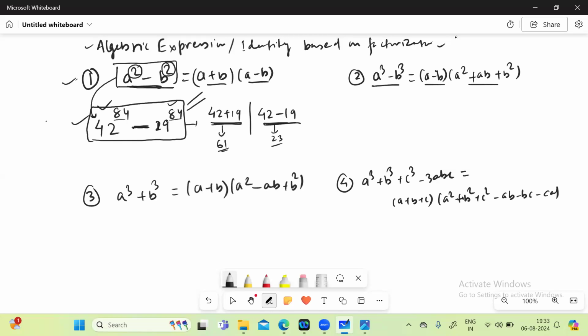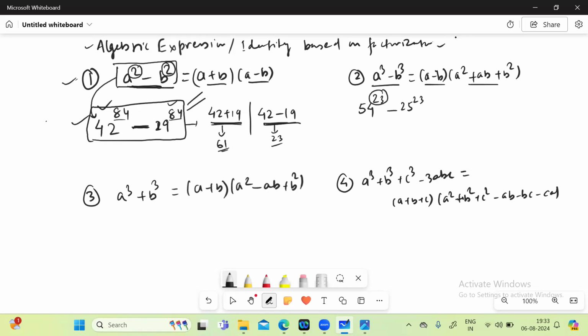Similarly, we will generalize the second expression in such a way that there will be equal odd powers with whatever numbers you have. Like you have 54 to the power 23 minus 25 to the power 23. So what do we see here?